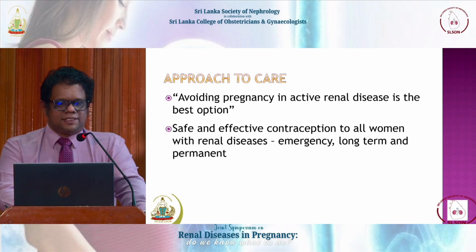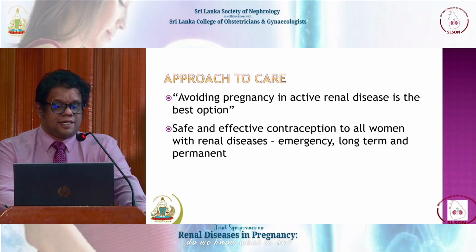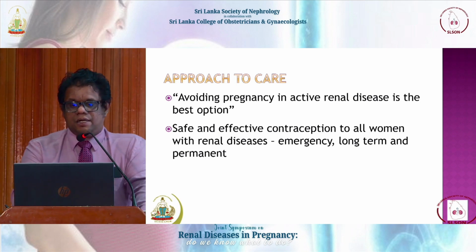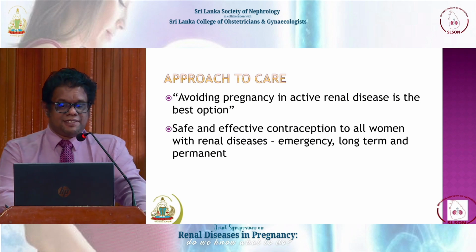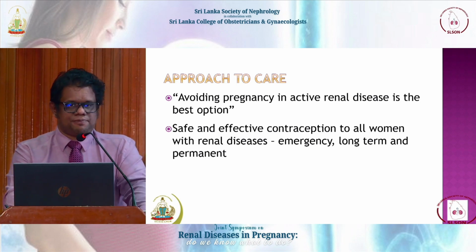So what is the approach to care in a patient with pre-existing renal disease? Avoiding pregnancy in active renal disease is the best option. So, what is active renal disease?